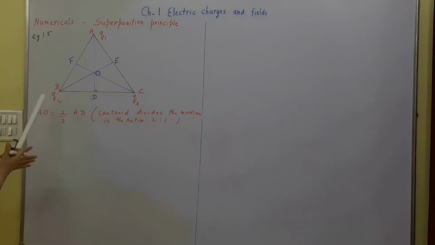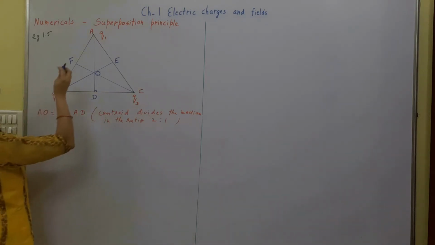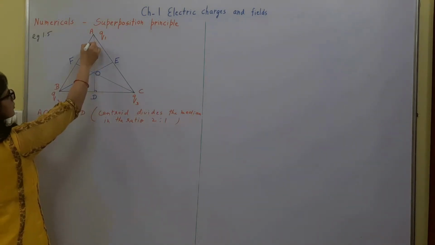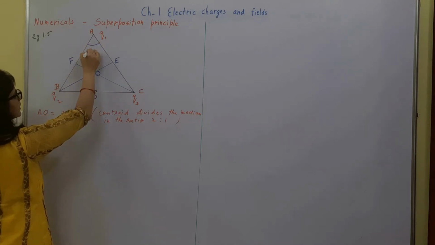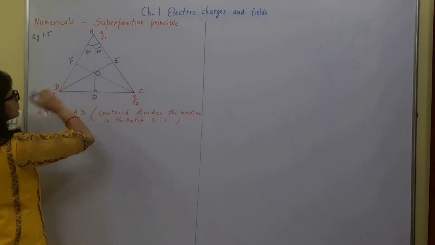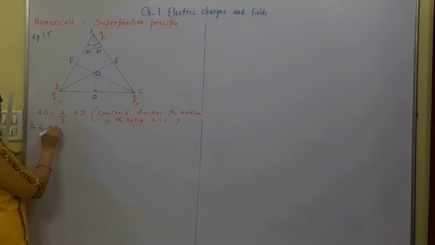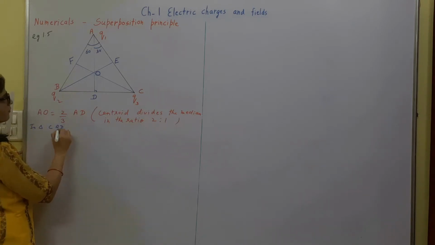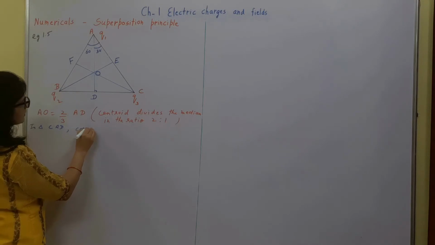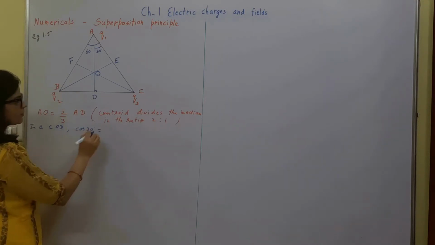And how will I write AD? AD can be written as, you know that this will be 60 degree. So this half angle will be 30 degree. So between AD and AC, what will be the relation in triangle CAD? Cos 30 degree is base upon hypotenuse.